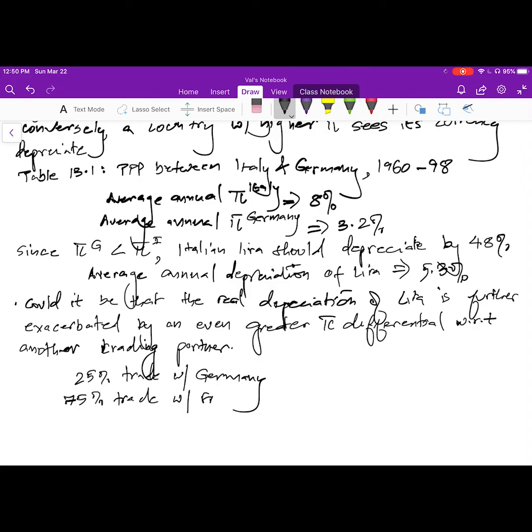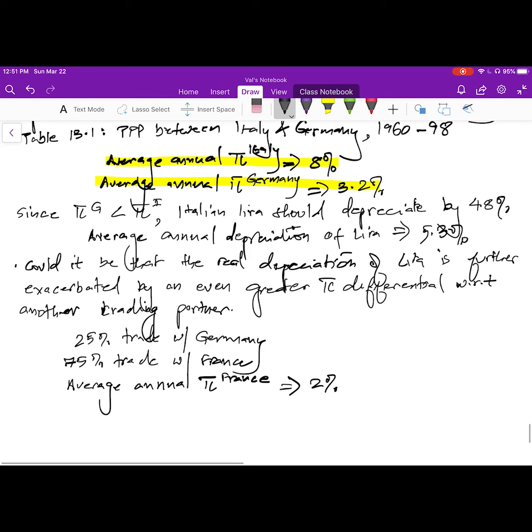And in addition to what we know here, which is that the average annual inflation rate in Germany was just 3%, what if we were to say average annual inflation in France was even lower, approximately 2%?